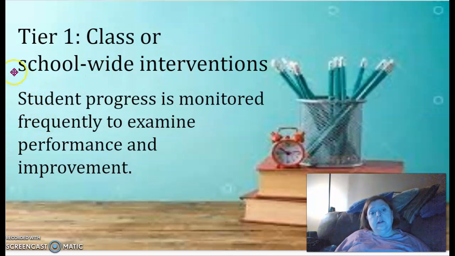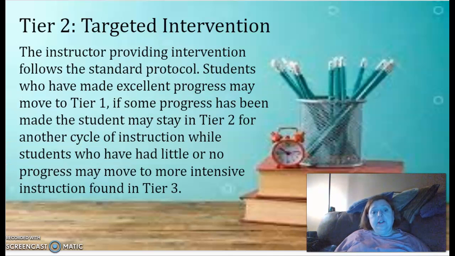Again, Tier 1 is whole class-wide interventions, where we still will be teaching the class, and for everyone, of course, progress is monitored. Tier 2 is the targeted intervention, and those are students who, again, need that little extra bit of help in order to get into Tier 1.